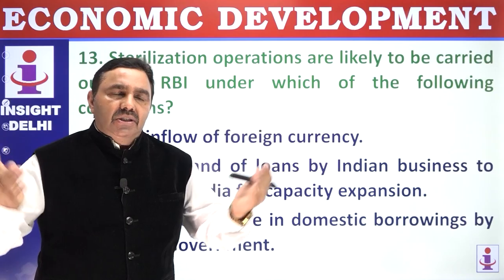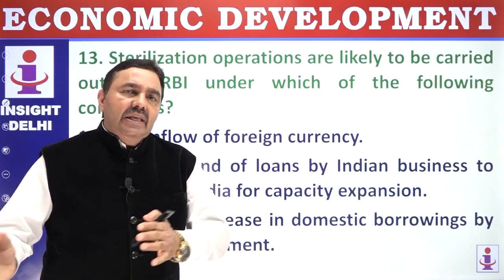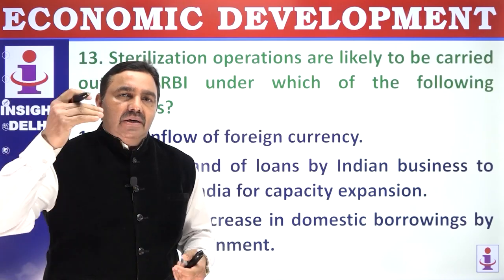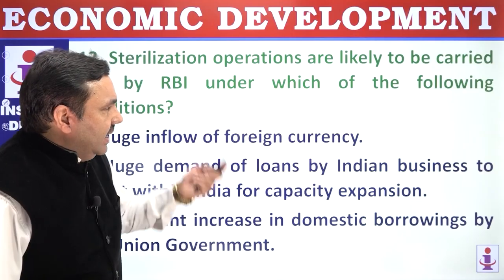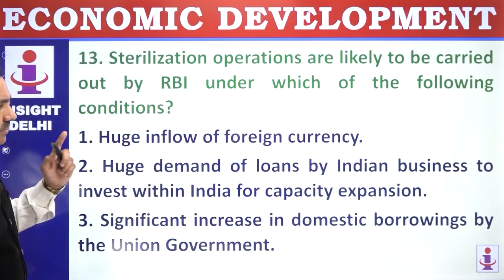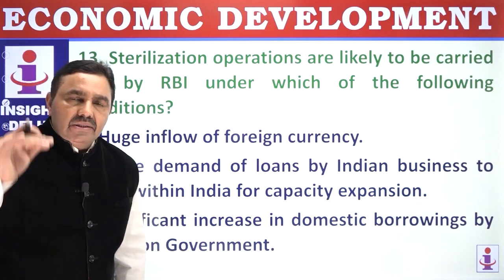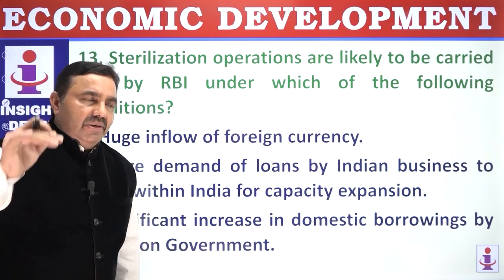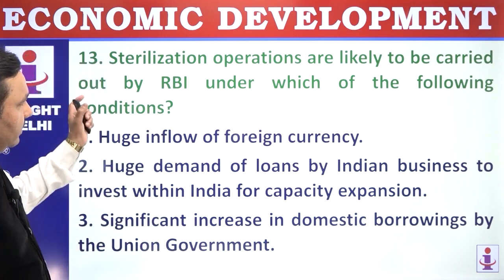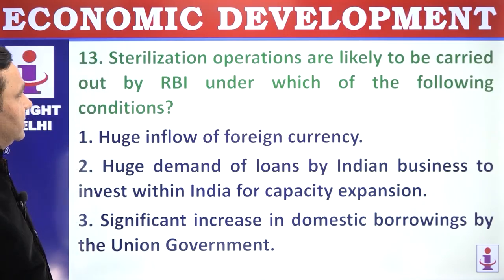We say appreciation happens. If foreign exchange leaves the country, we say depreciation happens. The currency loses its value. And both of these rapid movements, either upside or downside, affect Indian trade, the health of Indian trade or overall health of Indian economy. That's why, to curb the effect of these kinds of rapid movements, sterilization operations are carried out by RBI.